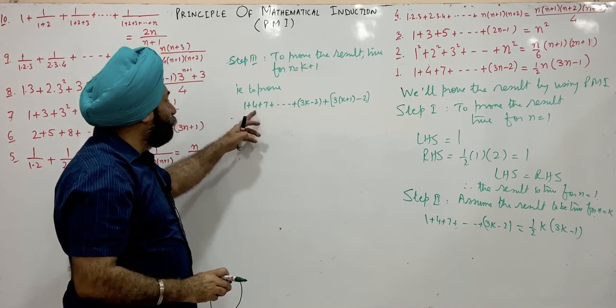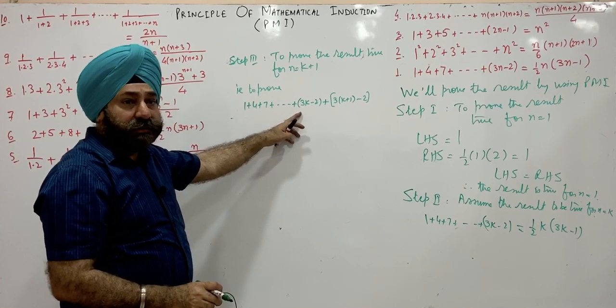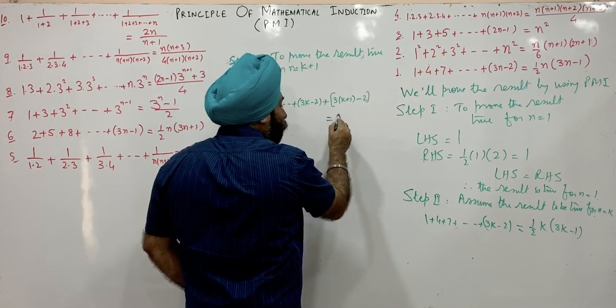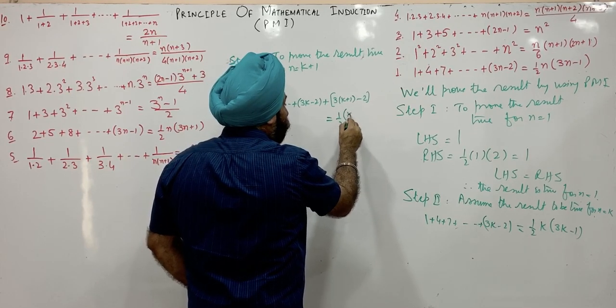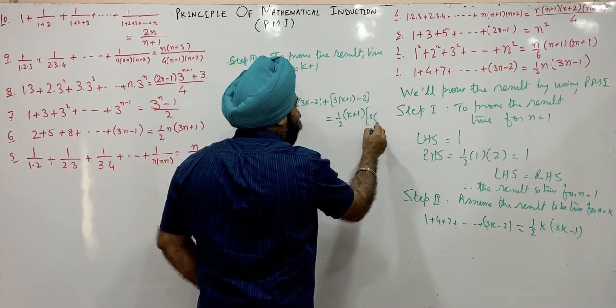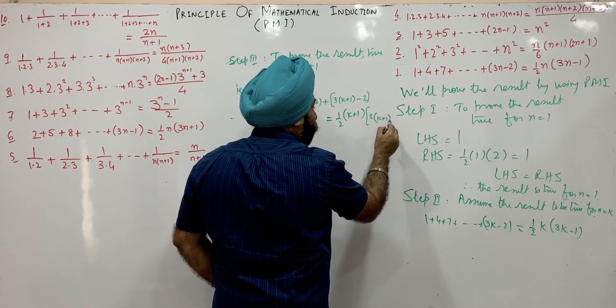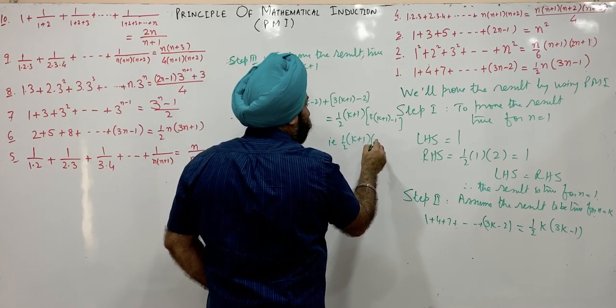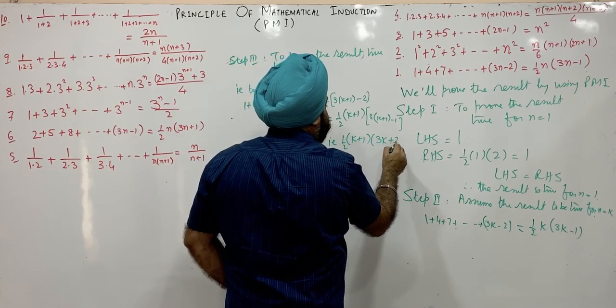So this is first term, second term, third term, this is kth term, and this is k plus first term. And what is this sum equal to? This is equal to 1 by 2 k replaced by k plus 1 into 3 k replaced by k plus 1. That is, we have to prove this is half k plus 1 into 3k plus 2.